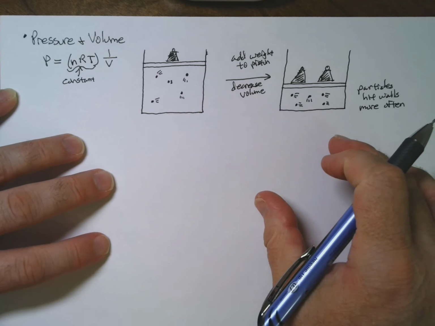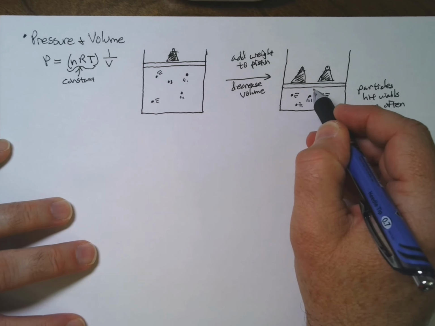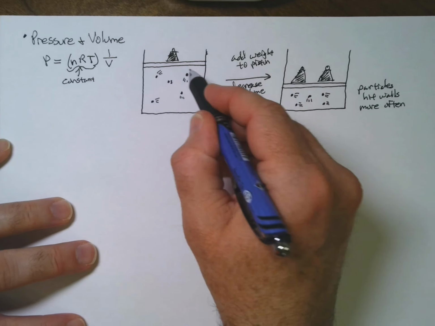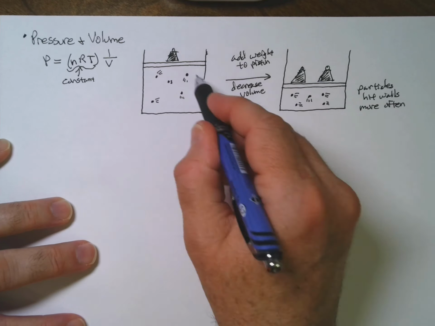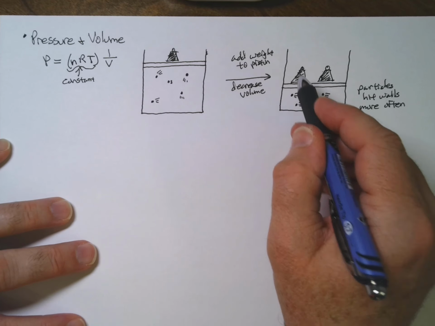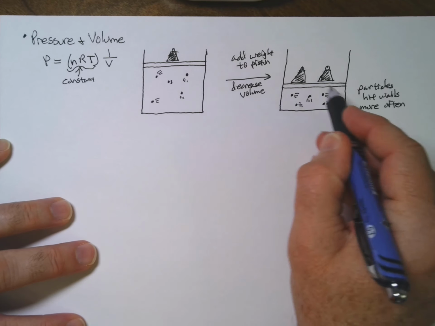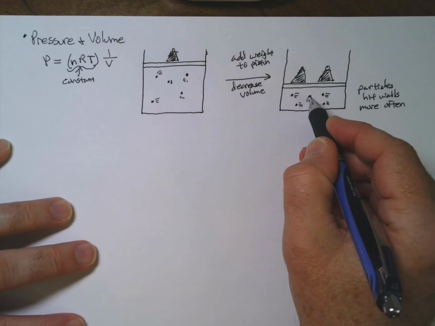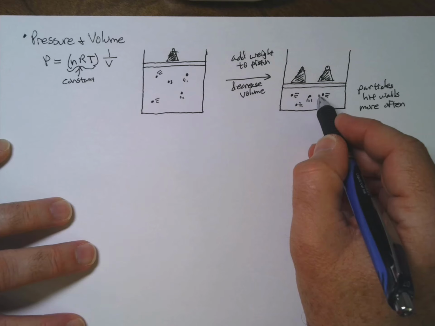In fact, at this lower volume, the particles will hit the walls often enough that they'll exert enough force to support that second weight. So we had to push on our piston in order to decrease the volume, and that additional force over area is the pressure. So we have an increase in pressure because the particles are hitting the walls more often.